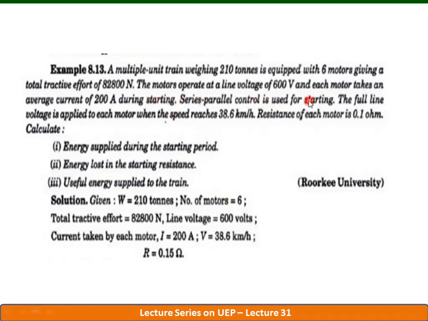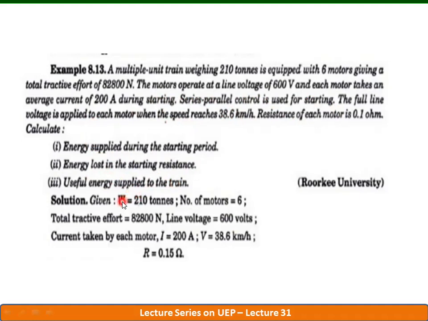Series parallel control is used for starting. The full line voltage is applied to each motor when the speed reaches 38.6 km per hour. Resistance of each motor is 0.1 ohm. Calculate energy supplied during the starting period, energy lost in the starting resistance, and useful energy supplied to the train.